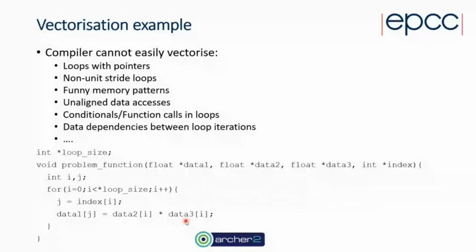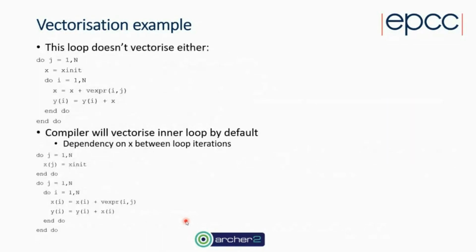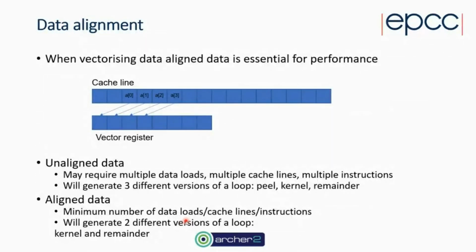So you can do outer loop unrolling. And then if we look at this alignment in a bit more detail, vectorization will work with data that's not aligned. Alignment means that the start of your data structure starts on a cache line boundary, so that when you load up a cache line into memory, that can then be mapped directly into a vector register, starting at the beginning and moving on.